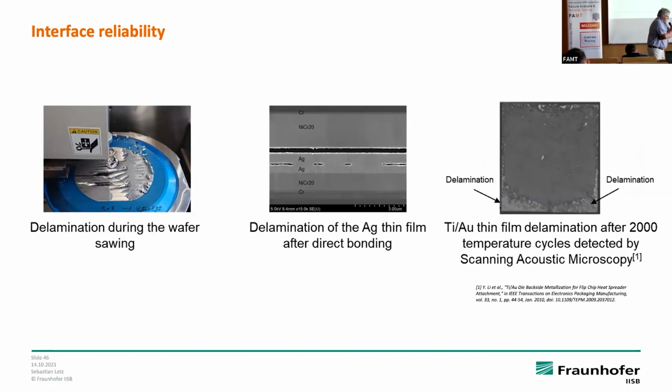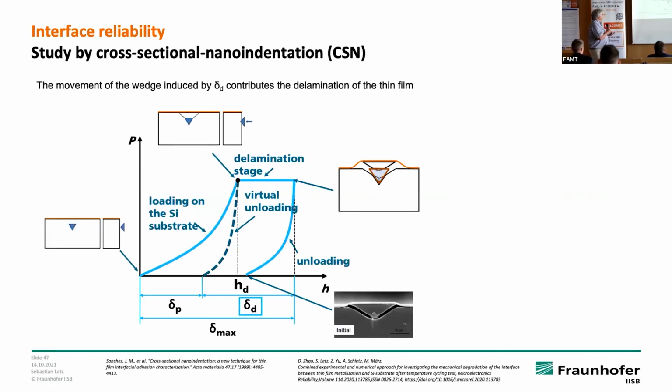Another example would be reliability of thin films. I think all of you have seen this earlier in your lives, delamination of metal films on semiconductors. There is a pretty nice method discussed in literature about 10 years ago, the CSN method, where you have a silicon chip with a metal film on top, and you push from the side with a nano indenter.